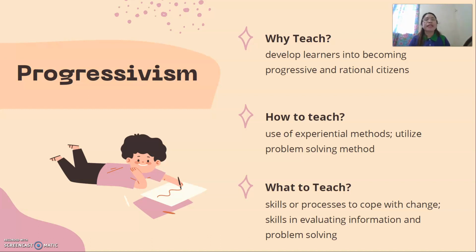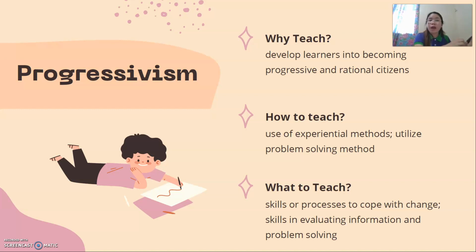Because we believe that we need to develop learners into becoming progressive and rational citizens. Again, progressivism. What is our goal? To develop students who are progressive and rational citizens. Progressive in a way that they can progress. We will develop their wholeness.